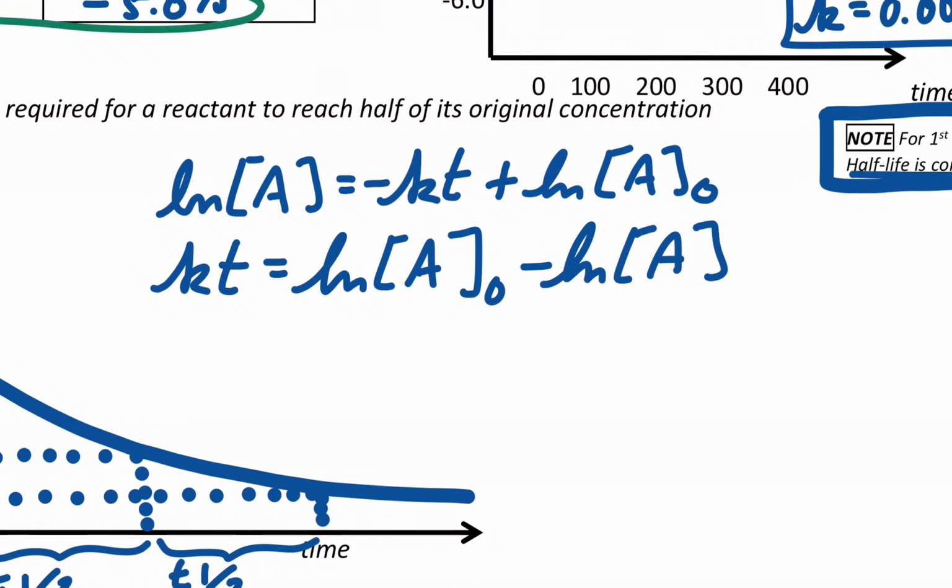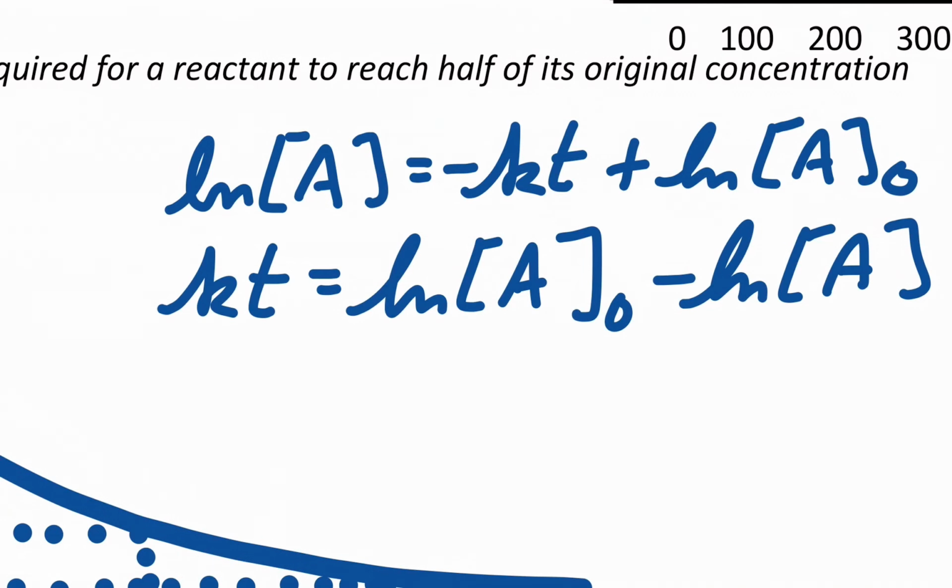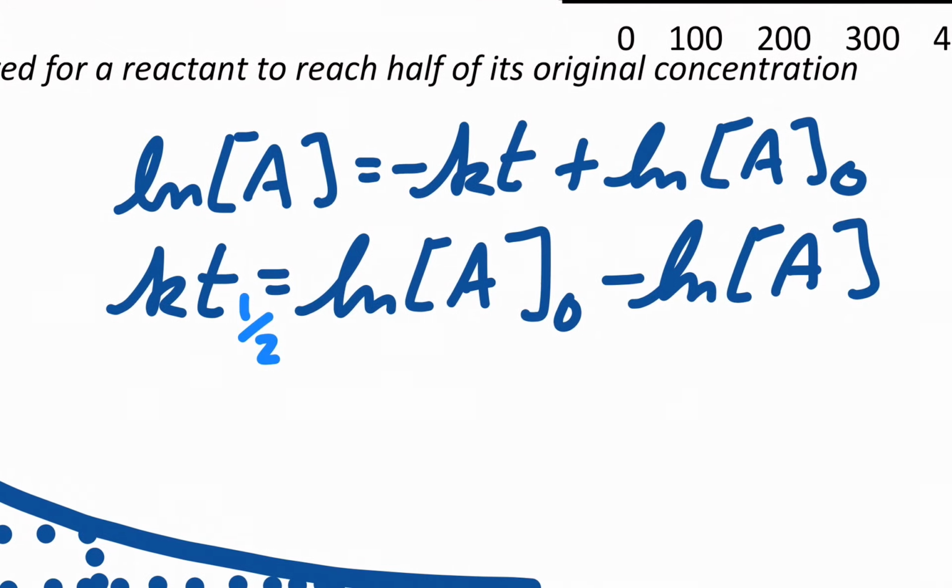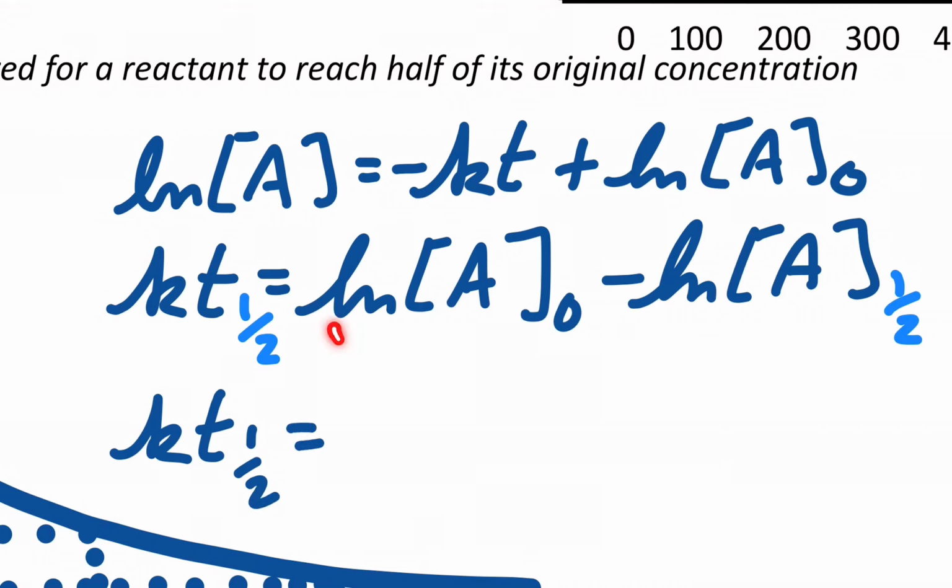And what I'm going to do is say, well, what time am I talking about? I'm talking about the half-life. So I want to know at the half-life, what's true about the half-life and k? Well, k times t half is equal to apparently the difference between these.